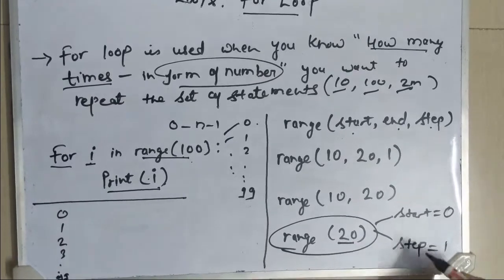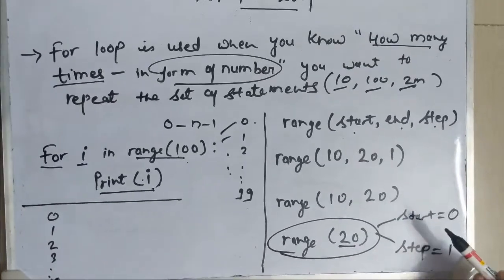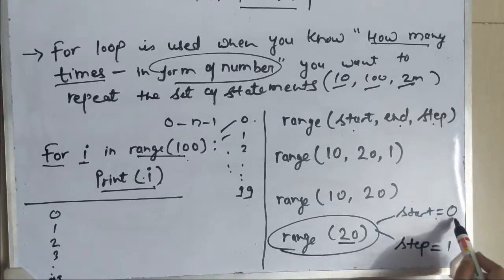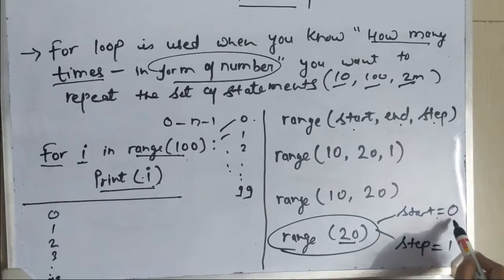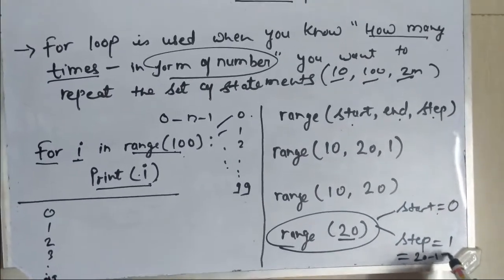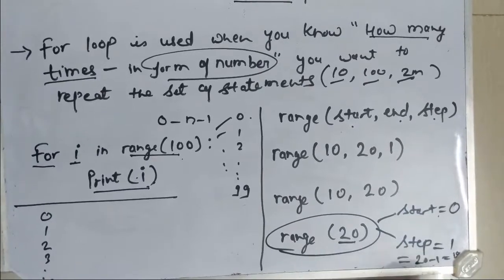A step means the amount by which you want to increase. So step 1 means it will start from 0 and increase by 1, so it will be 0, 1, 2, 3, 4, and the end value is going to be 20 minus 1, which is 19, which is n minus 1.